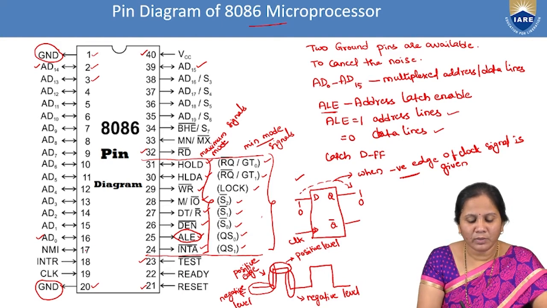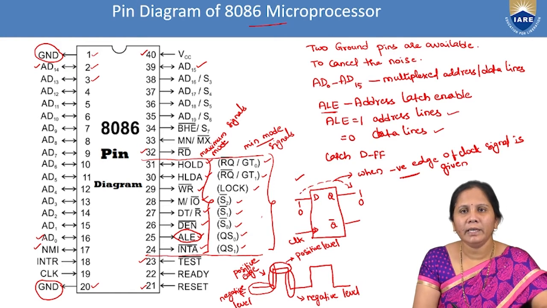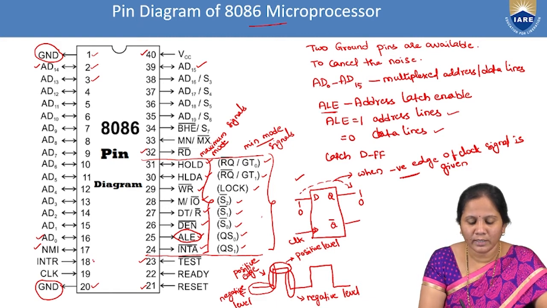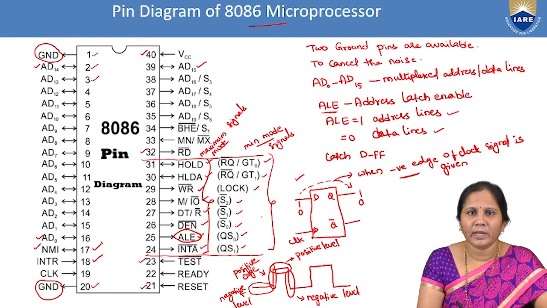Next, coming to the next signal, it is NMI. NMI represents non-maskable interrupt. There are 2 interrupt signals available in the 8086 pin configuration: INTR, that is interrupt request, and NMI.